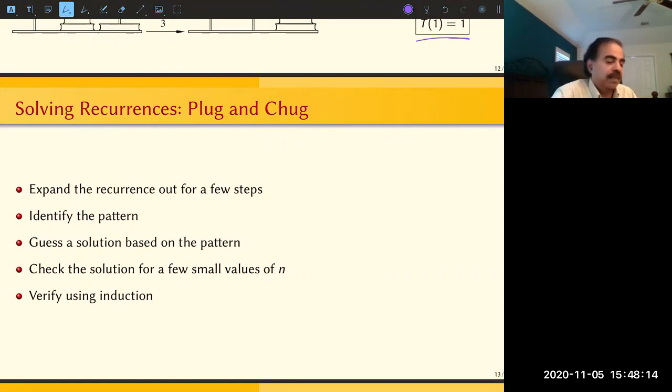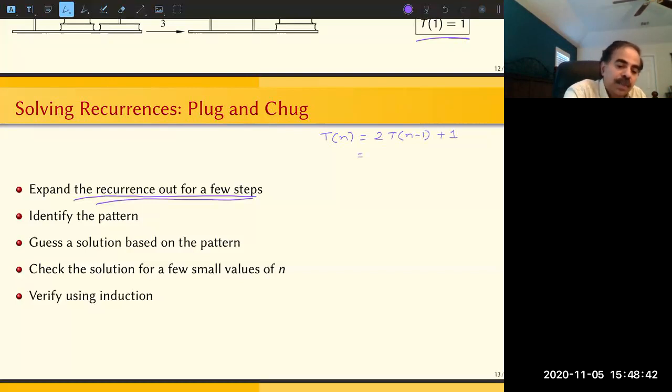The very first technique is called plug and chug, which just means that you take this recursive definition and expand it out at a few steps. For instance, in this case, you have T of n equals 2 T of n minus 1 plus 1.